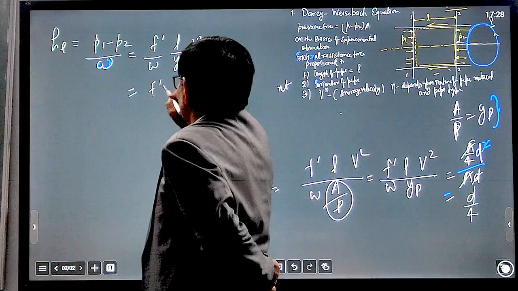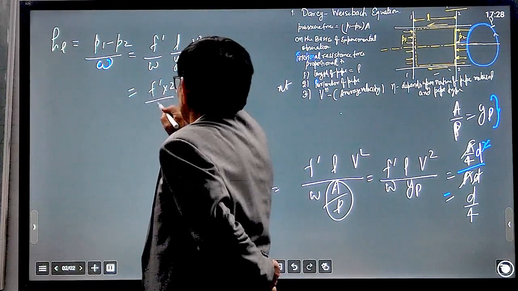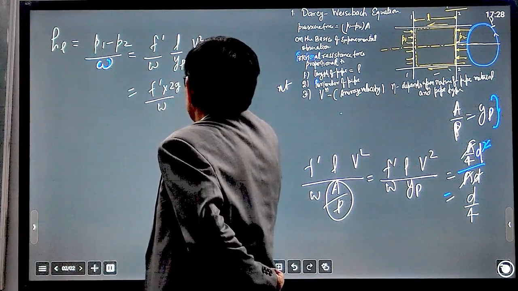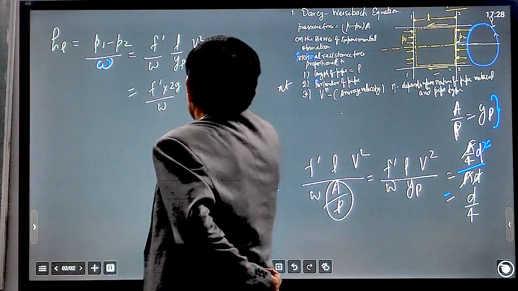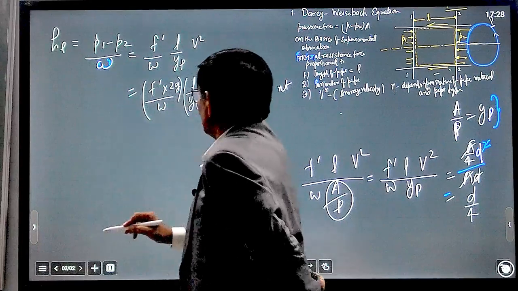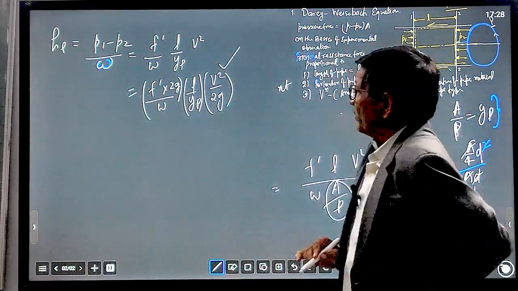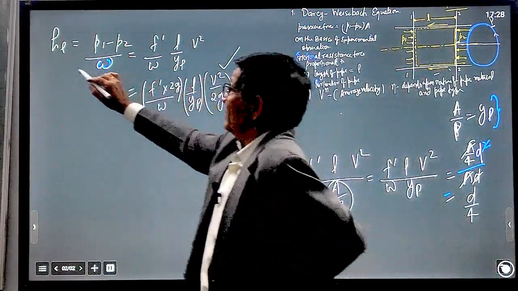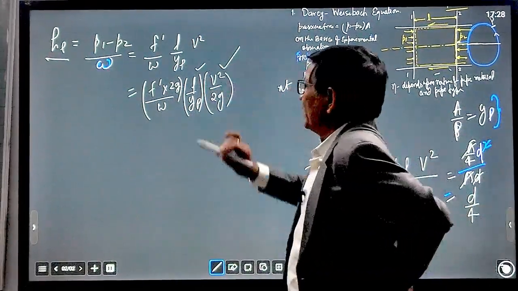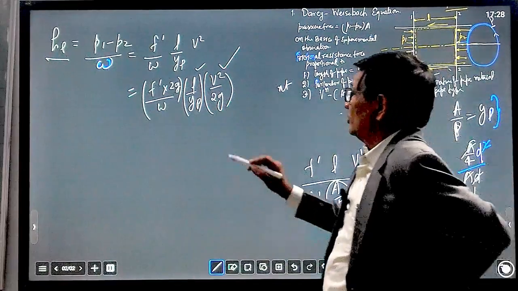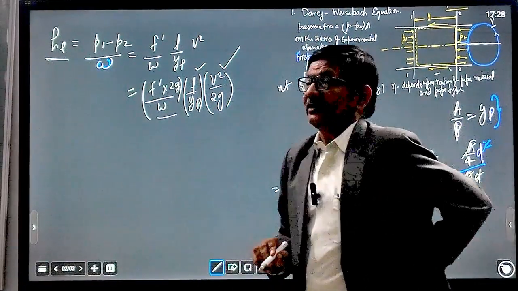So it becomes F' into 2g upon W, L upon Ym and V squared upon 2g. Here we see these in brackets. This value V squared upon 2g has the dimension of head loss, in meters, and L upon Ym is a dimensionless quantity.